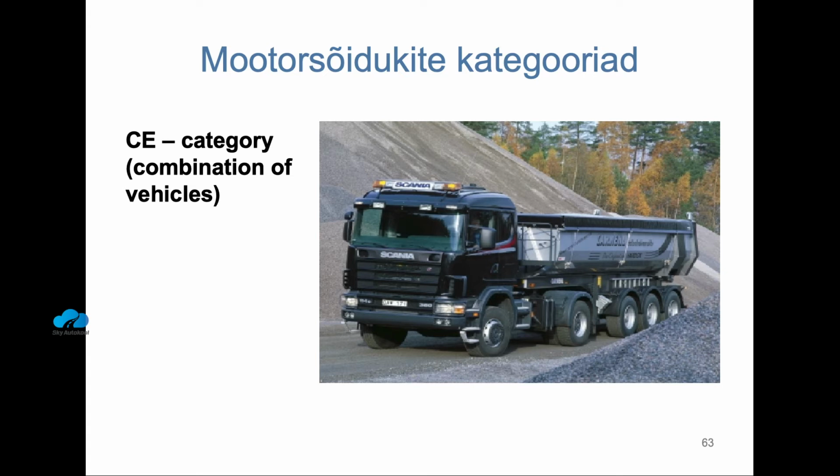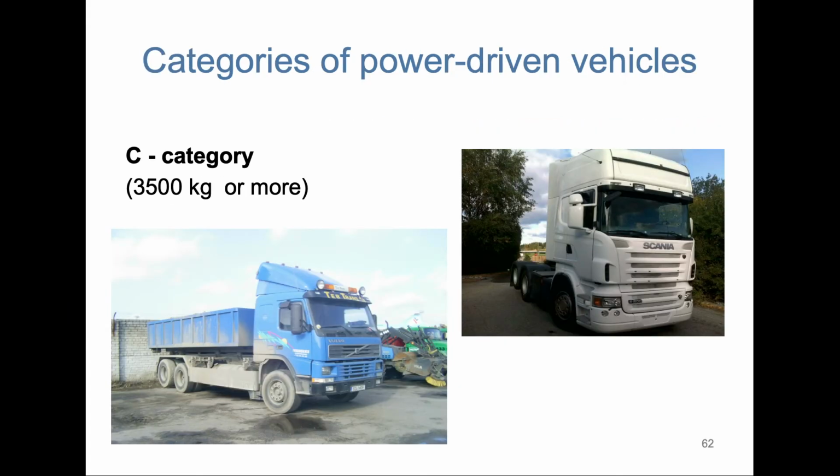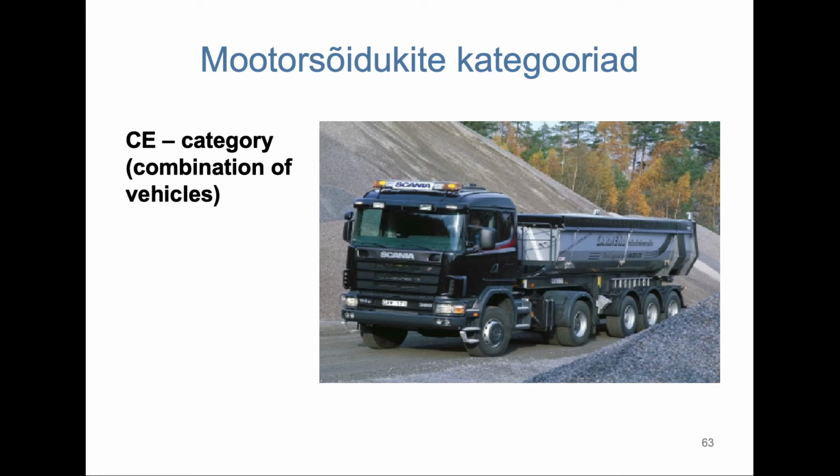But if you want to carry the trailer, like here in the picture, then you have to make another category, CE, combination of vehicles. Basically, with the C category, you can drive only this head, only the car. With CE, you can also carry a trailer.